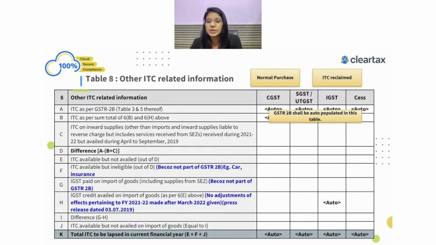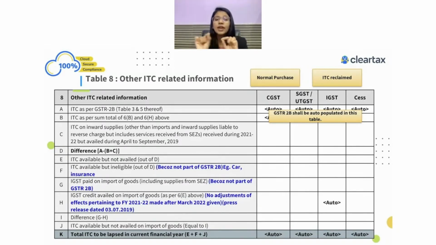So where I was eligible to claim ITC, that information will come again in table number 8A. So in short, whatever ITC was related to my FY 21-22 and the supplier has uploaded or filed till the October return period, all that information will form part of 8A.